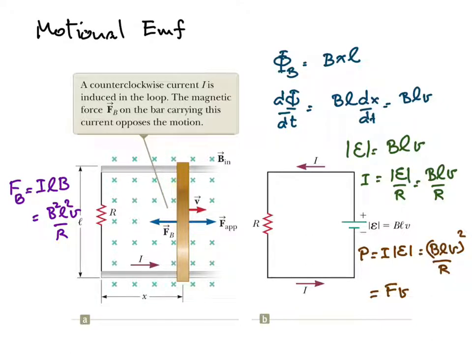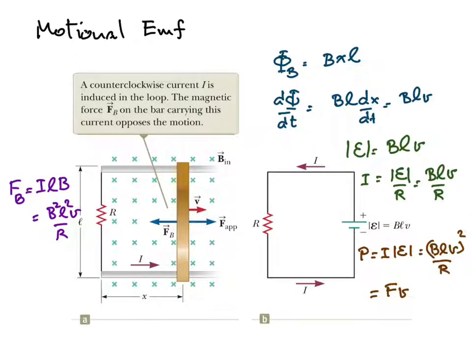Okay, let's say that this side moves with the constant velocity v. Here you can see that the area of this loop is equal to the product of L, which is the width of the loop, and X, which is the length of the loop.